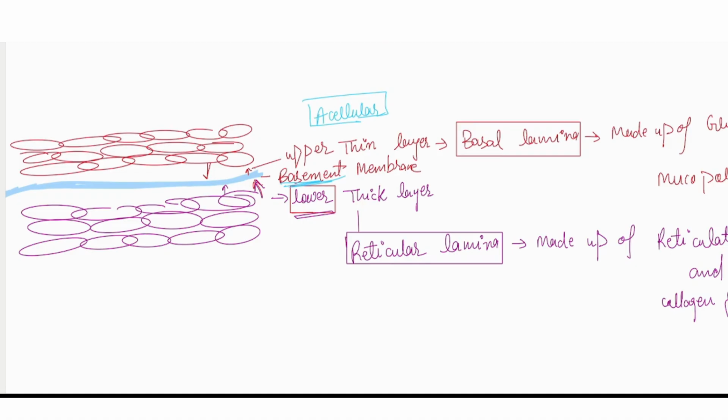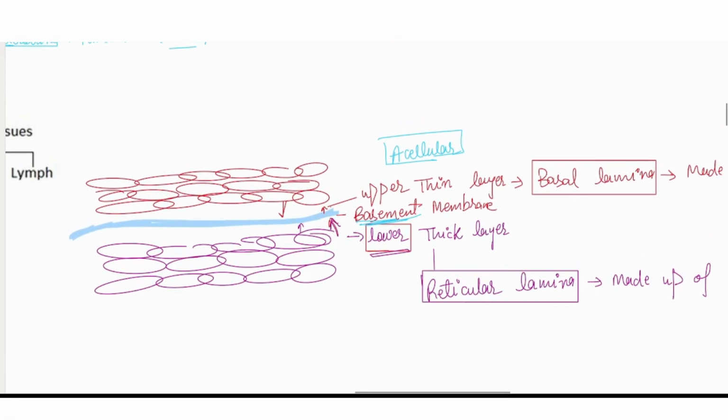One more thing: in the epithelial tissue the blood supply is absent, there are no blood vessels.